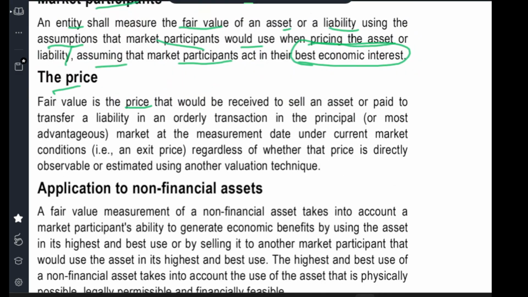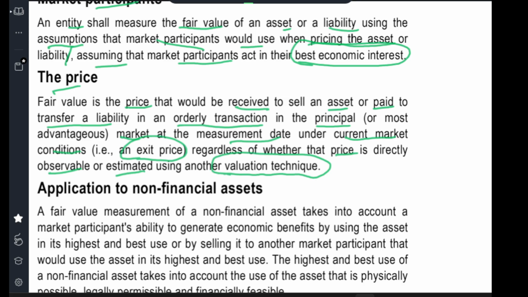Fair value is the price that would be received to sell the asset or paid to transfer the liability in an orderly transaction in the principal market, or the most advantageous market, at the measurement date under current market conditions, that is, the exit price, regardless of whether the price is directly observable or estimated using other valuation techniques.